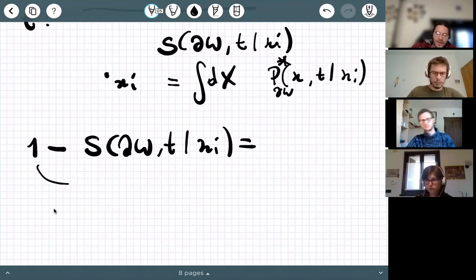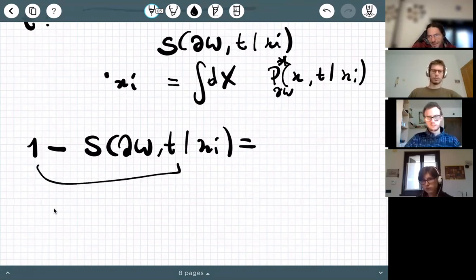So this is the probability of having died, of being dead at time t. And if I'm dead at time t, this can happen because I touch the fence anytime between 0 and t, right?